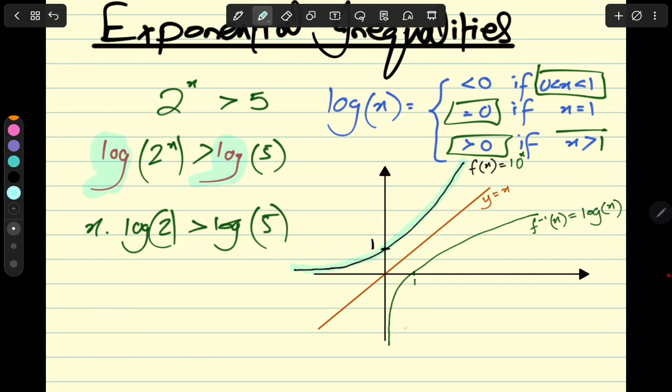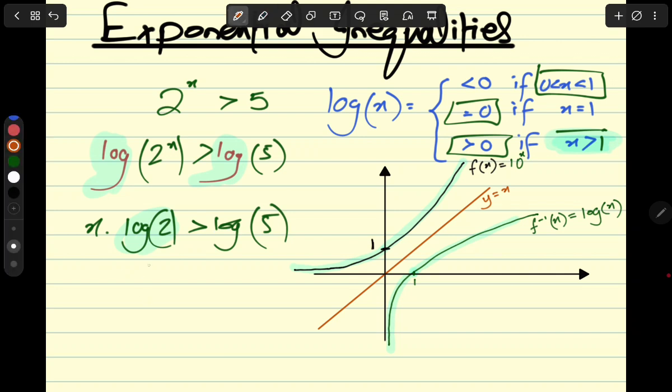Now when you take the inverse of it, between the domain of 0 and 1, the value is negative. At 1, the value is 0, and beyond 1, the value is positive. So log of 2, because 2 is greater than 1, is going to be positive.